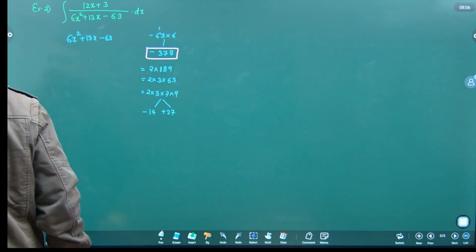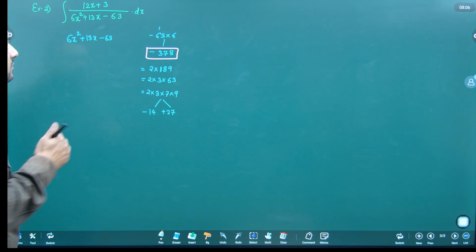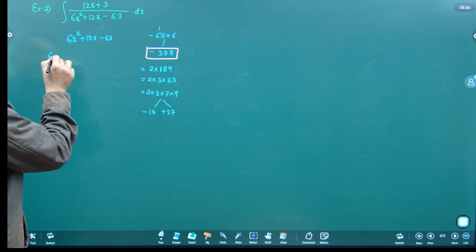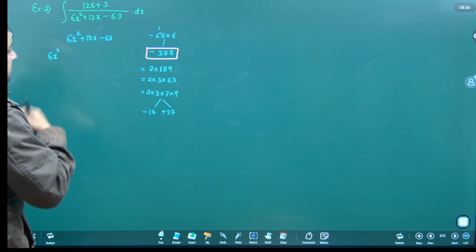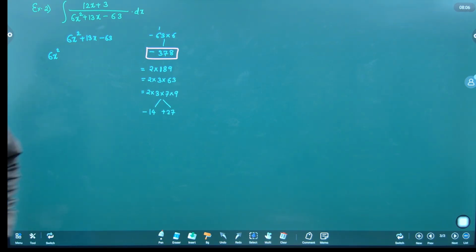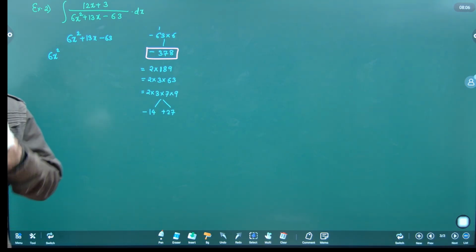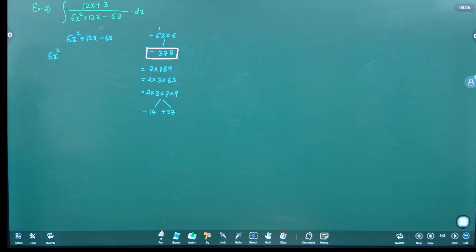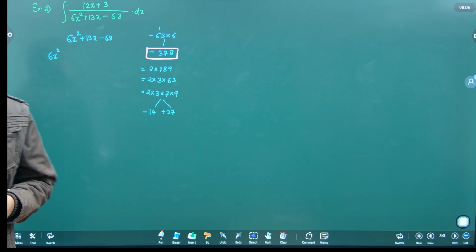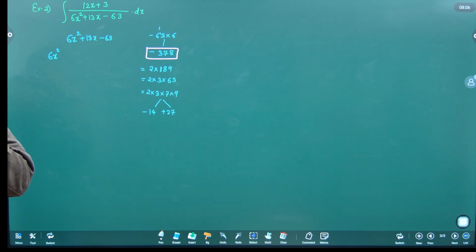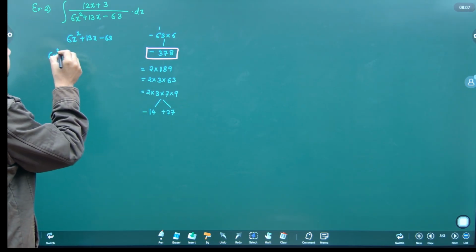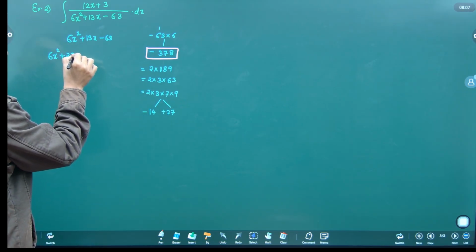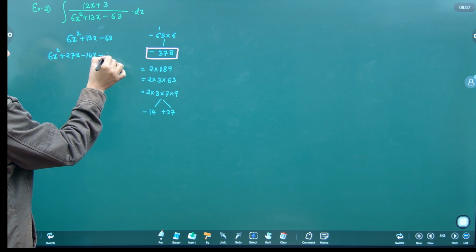So what will be the factors here? 6x square plus 27x minus 14x minus 63.